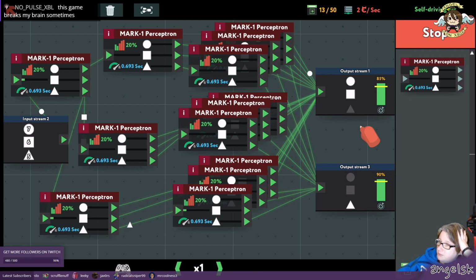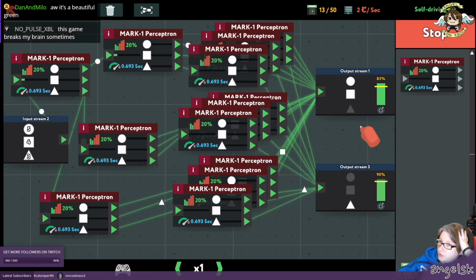I think I'm happy with this level of accuracy. It's a beautiful green.